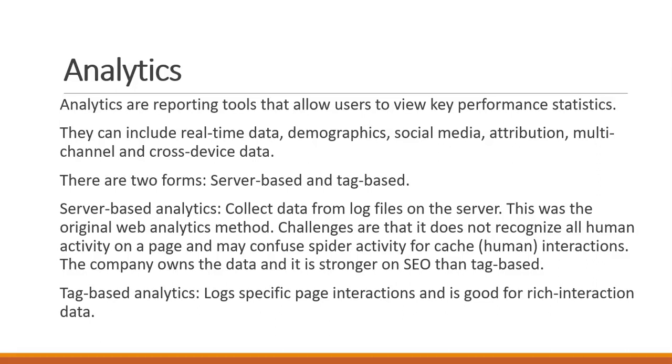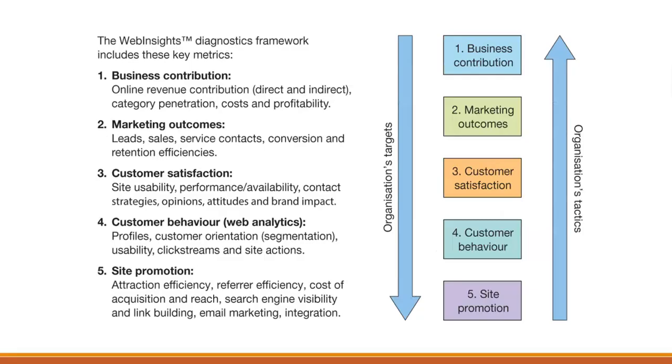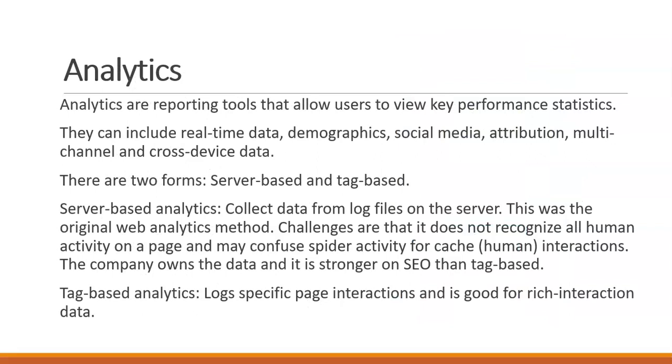Tag-based analytics, however, are specific page interactions that give you really rich interaction data about how a person looked at the page, what pages they looked at, and how much time they spent on the page. An example of tag-based analytics is Google Analytics.